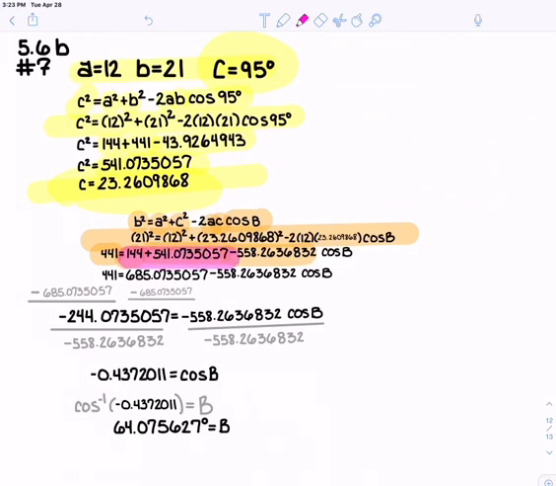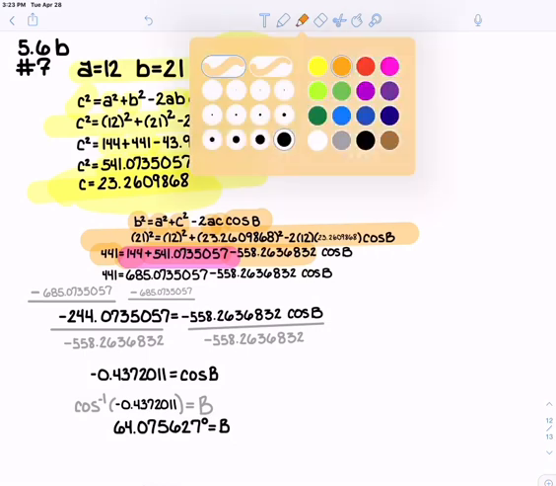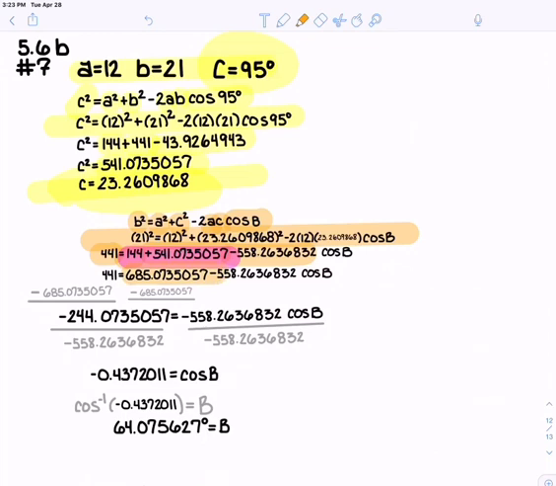Do not combine with this. You can't do that. All right, so 144 plus 541.0735057 gives us this.